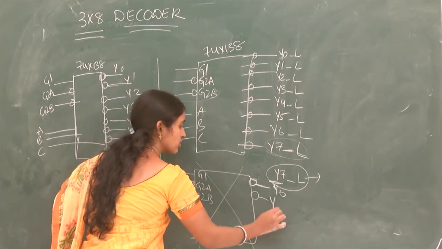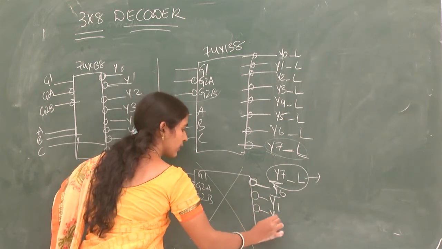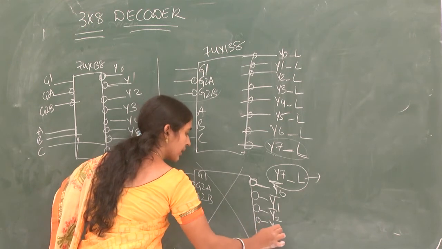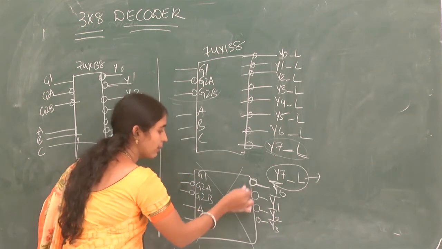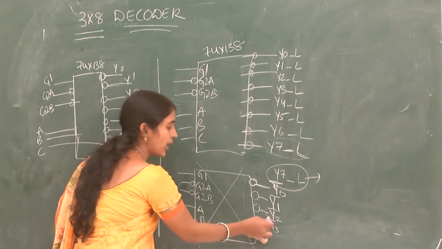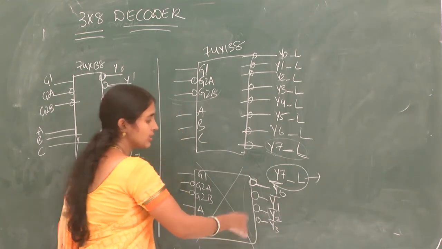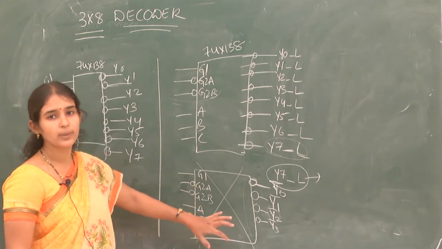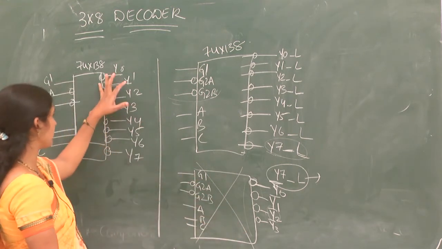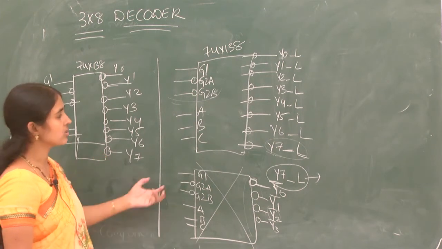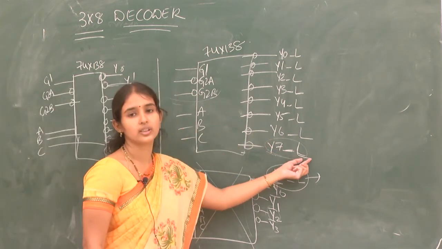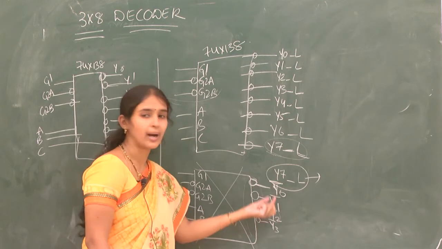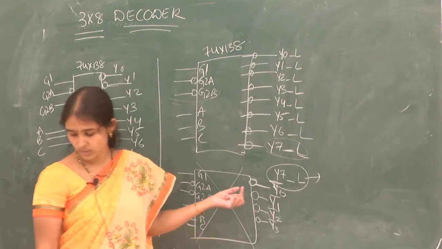Suppose if you see like this, Y2 bar, Y3 bar, this bubble itself indicates your active low signals. Again you are mentioning it with a bar. You should not represent it like this. If you want to represent active low signals, just represent them with a bubble, or else you can also mention them as active low signals. But you should not keep it as a bar like this. Okay, this is actually wrong.